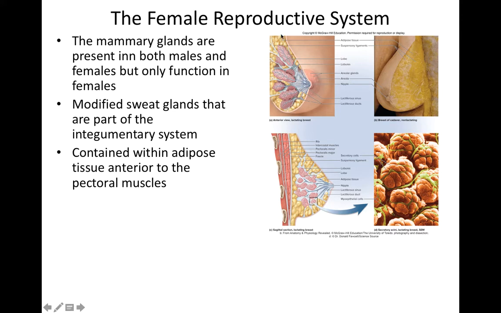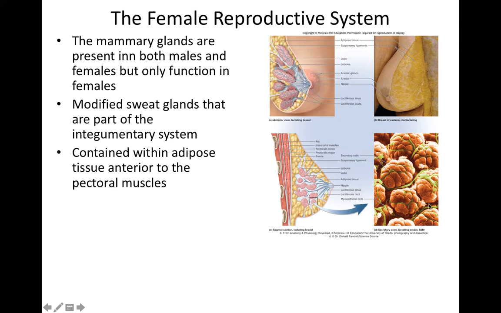But you could see that the gland structure is basically radiating out from the nipple and is embedded in adipose tissue. The entire structure sits anterior to the pectoral muscles. So here would be your pec major and your intercostal muscles, and then all of this tissue sits on the outside of that.